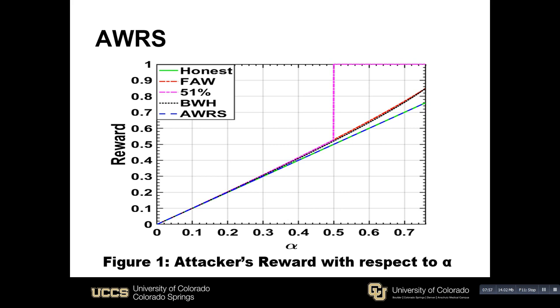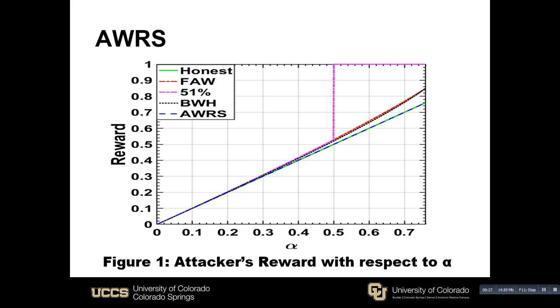If you see that AWRS is represented by the blue line, when we enable AWRS, the reward of the FAW attacker overlaps with the green line, which is the honest mining line. So it shows that if we enable AWRS, the reward of the FAW attacker is equal to honest mining.